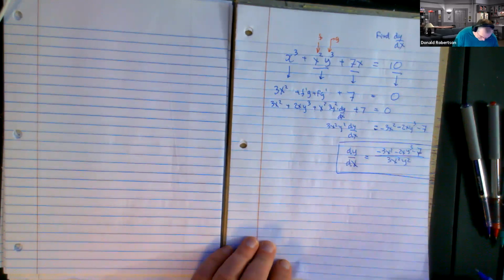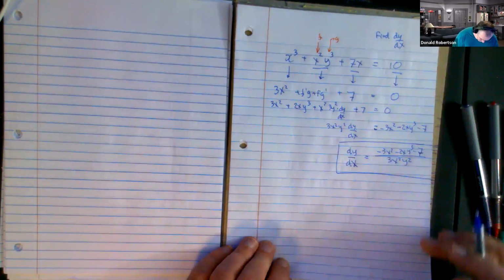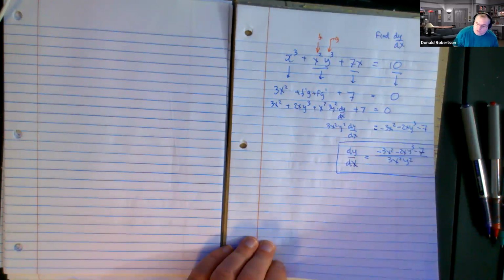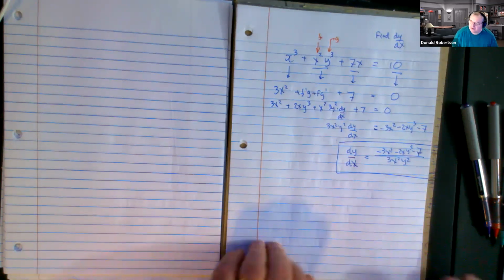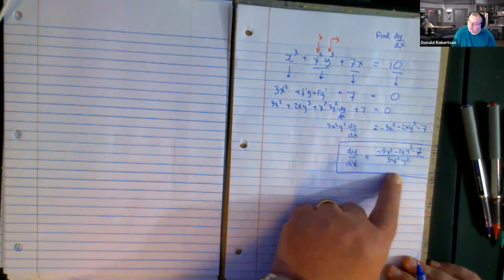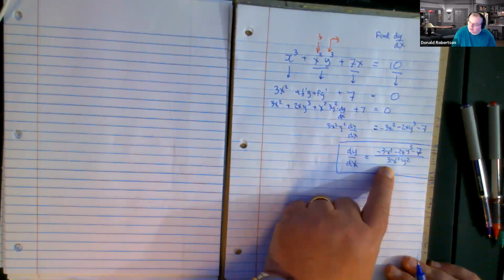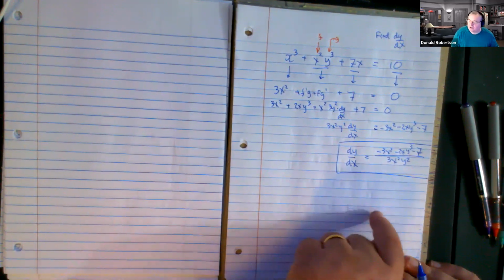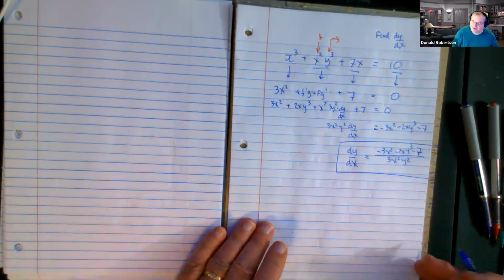Now, this question's not going to lend itself to that, but you get things like, what's the equation of the tangent line at the point (1, 2)? Then you would put x as 1 and y as 2, and that would get you the derivative value, which is the slope of the line. Then y minus y1 equals m times (x minus x1) would get you the equation of a tangent line.